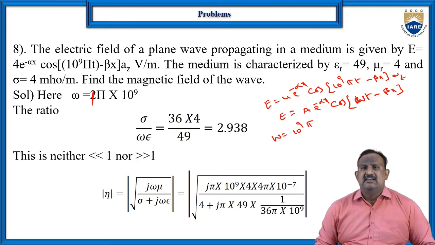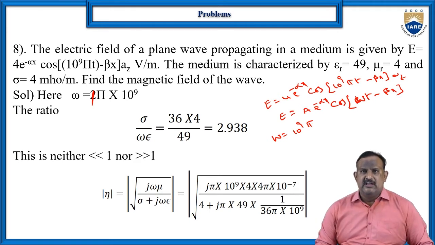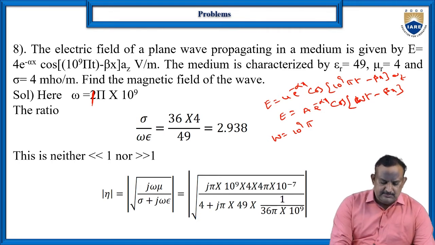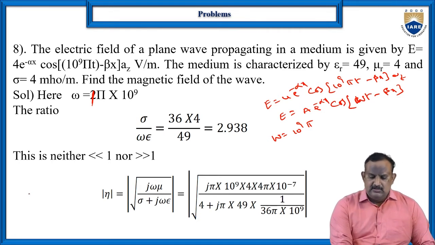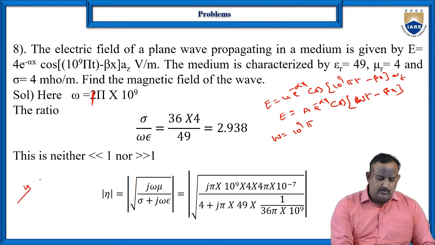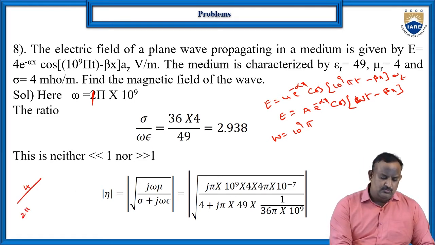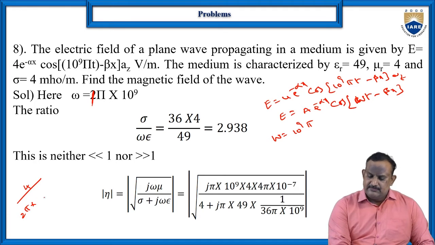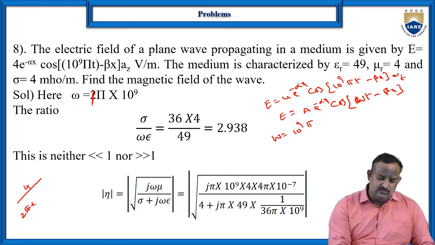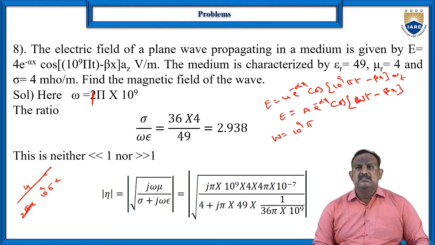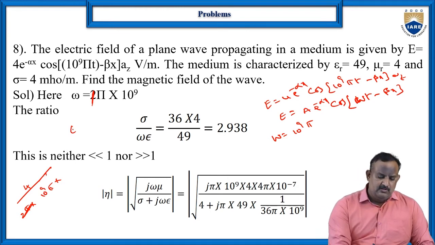So here if you find the dissipation factor, it is sigma by omega epsilon. Sigma is 4, given, so 4 by omega epsilon. Omega we can substitute directly, omega equal to 10 power 9 into pi, and epsilon equal to epsilon naught into epsilon r.